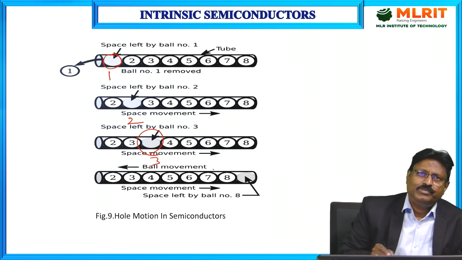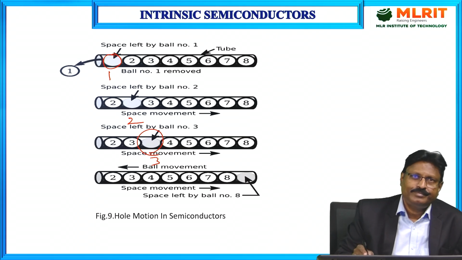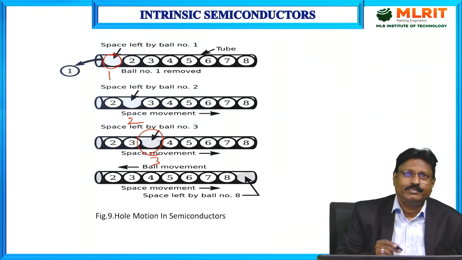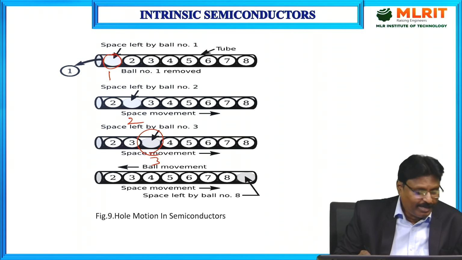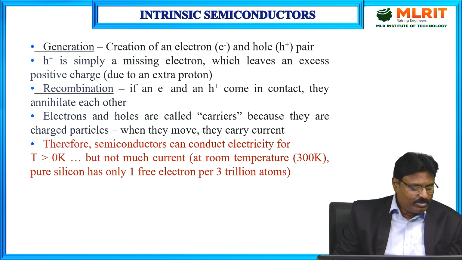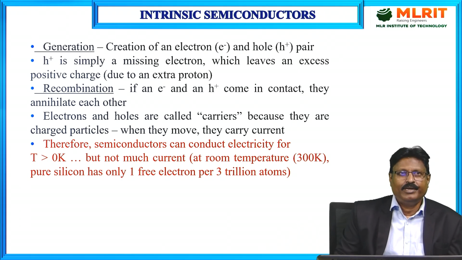In this way the whole motion happens from left to right. So along with electrons, the holes are also contributing to the flow of current. The flow of current is by two charge carriers: free electrons in the conduction band and hole movement in the valence band.